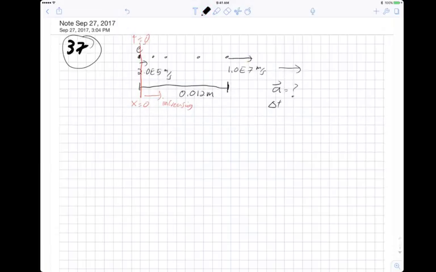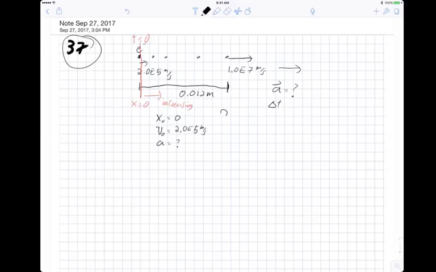So your initial position is going to be 0. Your initial time is 0. Your initial velocity is 2.0 E5 meters per second. And your acceleration is unknown.